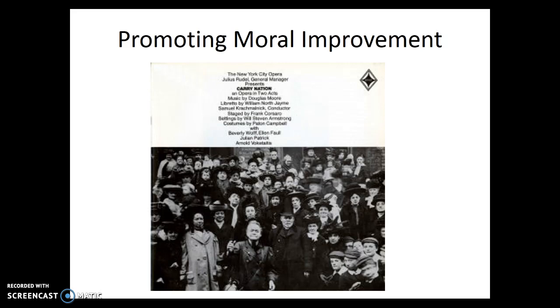This is known as temperance, or more commonly as prohibition. Basically, people felt that alcohol was undermining American morality, and that banning it would improve the lives of families.